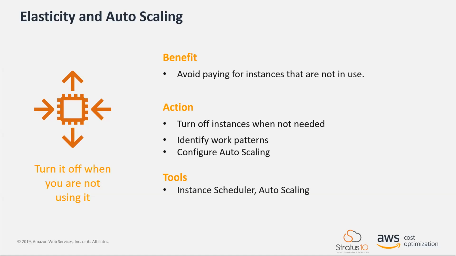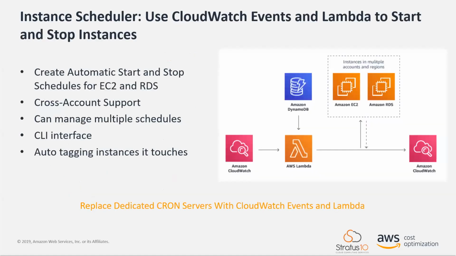One way to manage scheduling instances is to use an AWS solution called Instance Scheduler. Instance Scheduler is an AWS solution that uses a CloudFormation stack that runs in your account and defines schedules that pertain to different workloads, teams, or individuals.